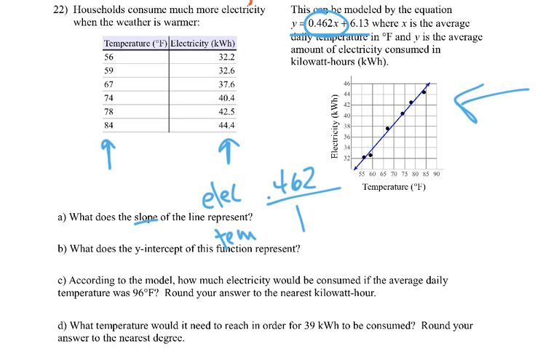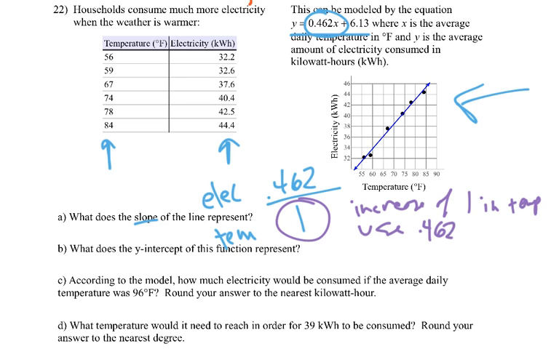So what this slope tells us is that for every temperature increase of 1 in temperature, we use about 0.462 kilowatt hours of energy. So almost half a kilowatt hour of energy is used for that per hour. Okay, and that's what the slope represents.